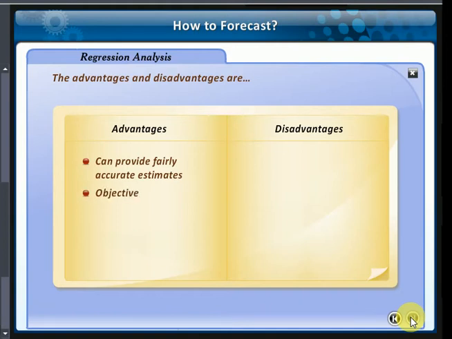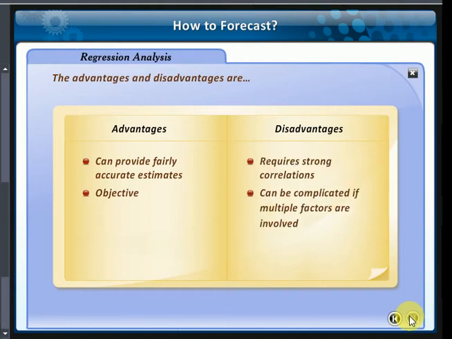It is objective and is hence powerful to convince stakeholders. The disadvantages are that it requires strong correlations and can be complicated if multiple factors are involved. There are other factors that can skew results. For example, multiple exposures to the same advertisement may not result in the same number of incoming calls.